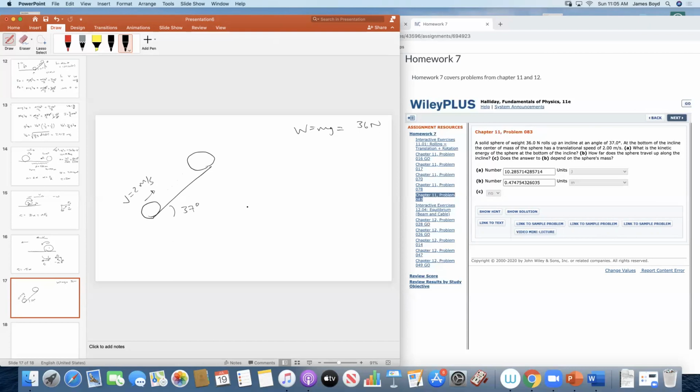Now, we know that the kinetic energy at the bottom is actually rotation and translation. We also know it's a solid sphere, so I is 2/5 mr squared. And if we plug this in, we get mv squared over 2, and we also plug in that v is r omega.